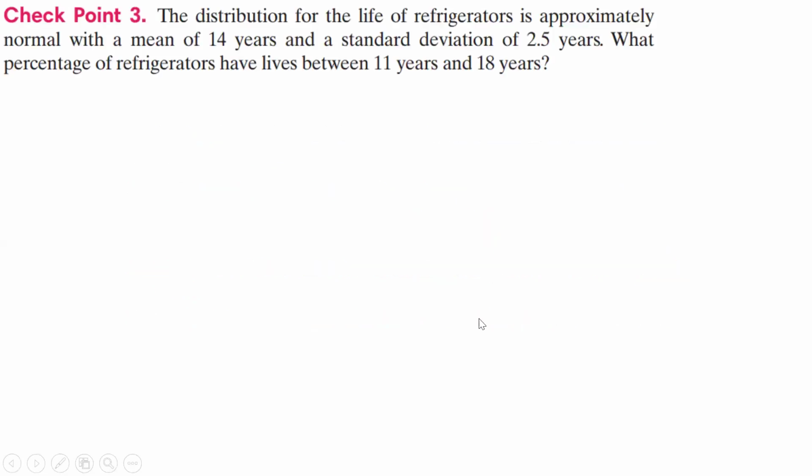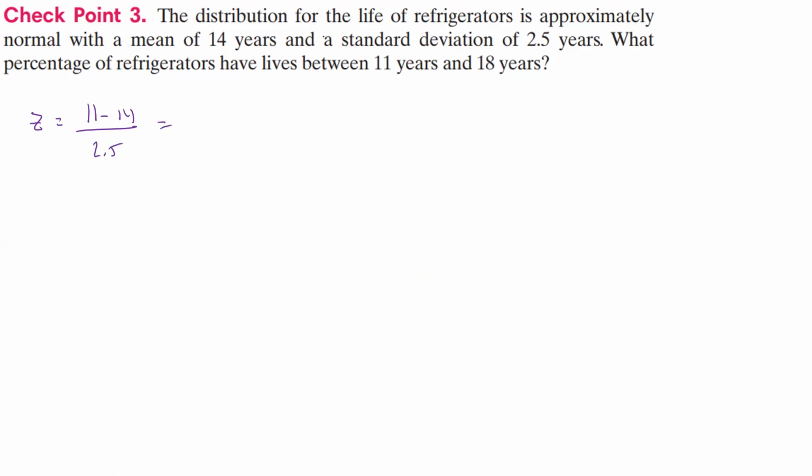With that said, the distribution for the life of refrigerators is approximately normal with a mean of 14 years and a standard deviation of 2.5 years. What is the percentage of refrigerators that have lives between 11 and 18 years? So z for 11 is going to be 11 minus 14 over 2.5.